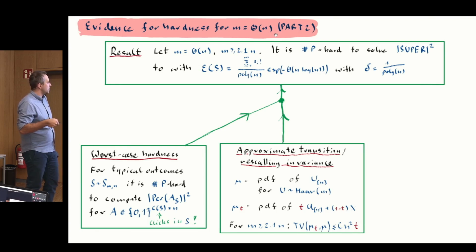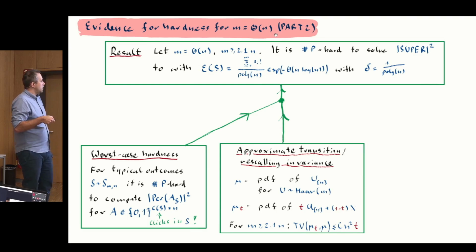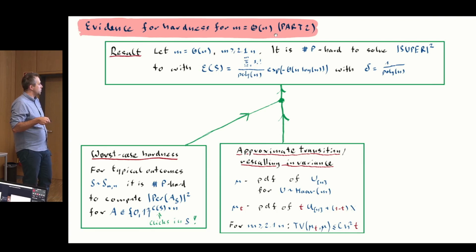If nu is the probability distribution of this n by n submatrix of a Haar random m by m matrix, and we now perturb this distribution by taking a convex combination between this Haar random submatrix and the binary matrix X, that corresponds to roughly this worst-case A, we can prove that the total variation distance between those two measures is bounded in the parameter t like this.